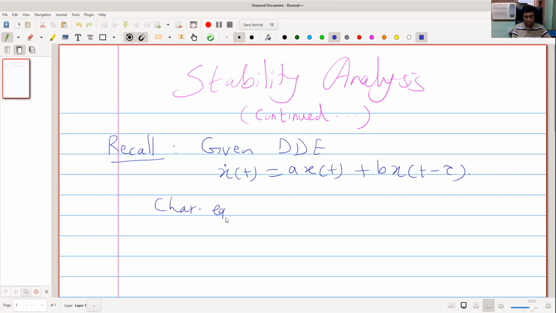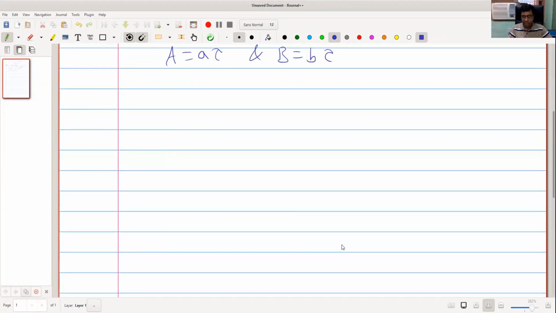The characteristic equation is lambda equal to a plus b e raised to minus lambda tau. Okay. So what we do, we define capital A to be small a tau and capital B is small b into tau. So we sketch the stability region.